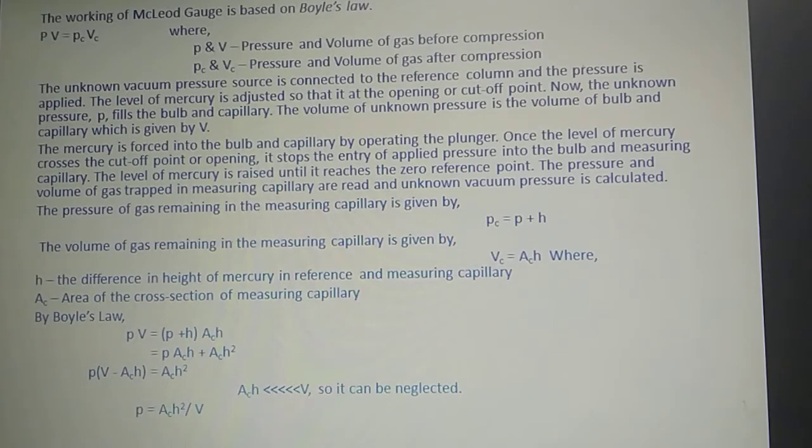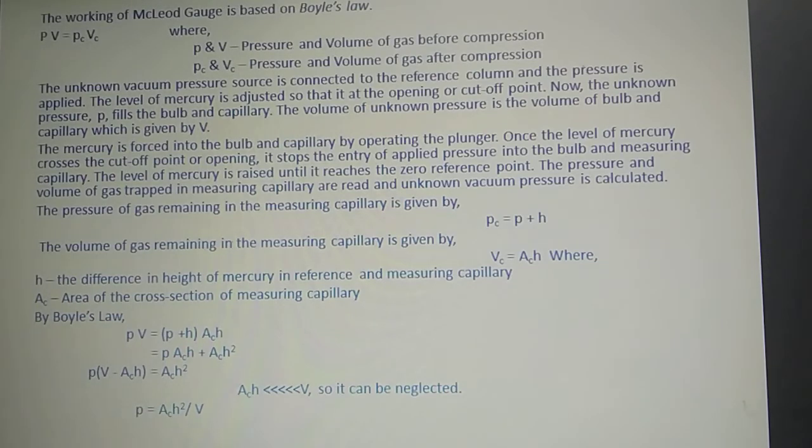And therefore, if you put these values into the above Boyle's law relation, PV is equal to PC VC, now what is the value of PC? PC is equal to P plus H. So PV is equal to (P plus H) into VC, where VC is equal to AC H. So you will get PV is equal to (P plus H) into AC H.